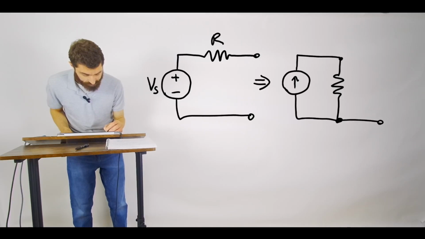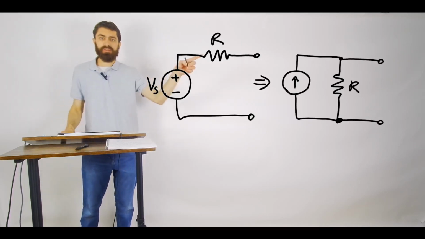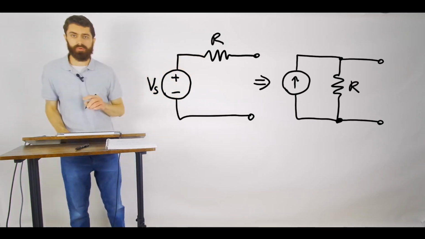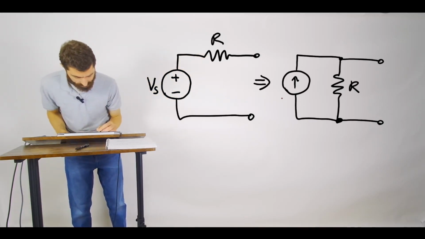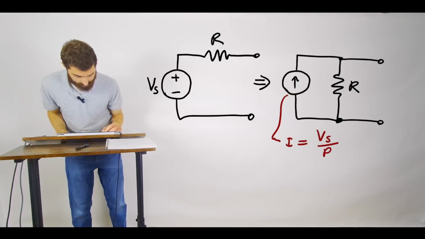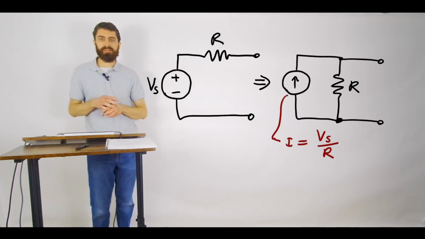And the value of this resistance is the same value of the resistance in the original voltage source here. And then this current source value, so the current here, I, is going to be equal to the source voltage divided by the resistance.